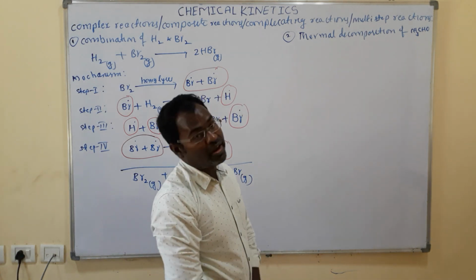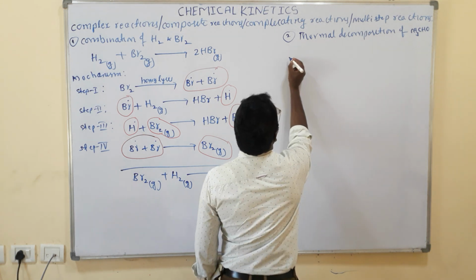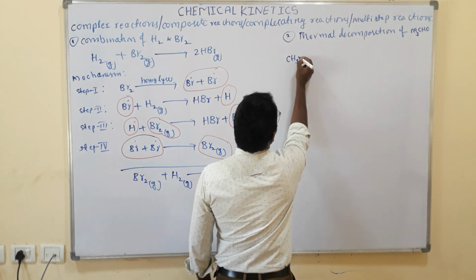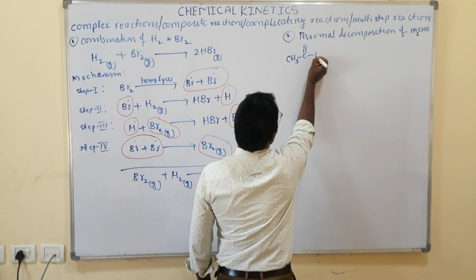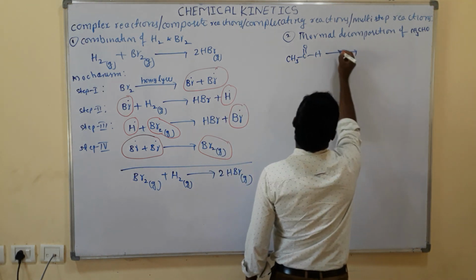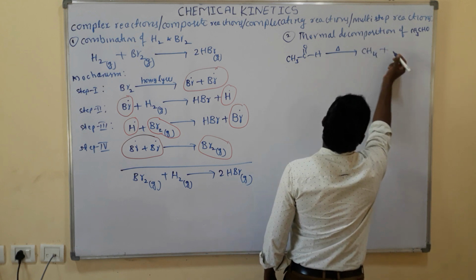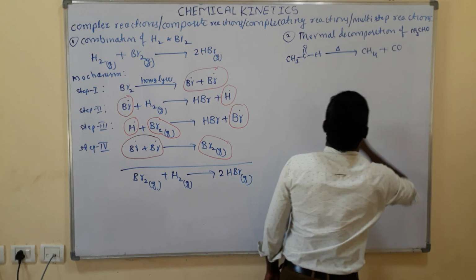It is also an example of a complex reaction. Let us take this reaction: CH3CHO, acetaldehyde. On thermal decomposition, we get methane and carbon monoxide.